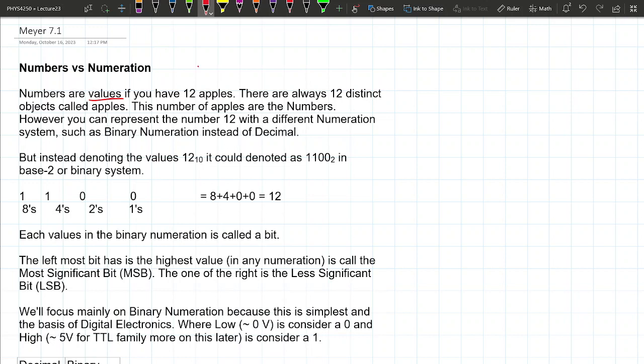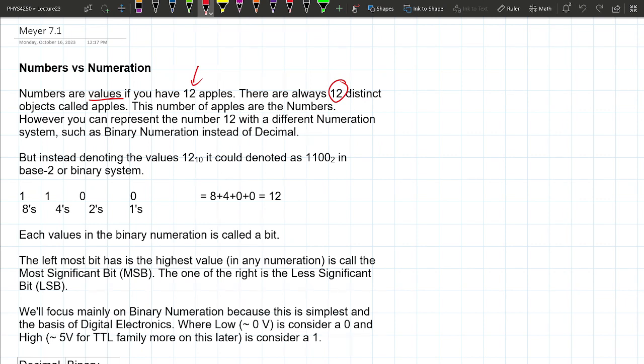If you have 12 apples, for example, physically there are 12 distinct apples somewhere that you're talking about. And that number 12 is that number, no matter what language you say it in. You can say it in Spanish, Chinese, binary, hexadecimal. That value stays the same. And so a number is actually a value of something that doesn't change based on how we refer to it.